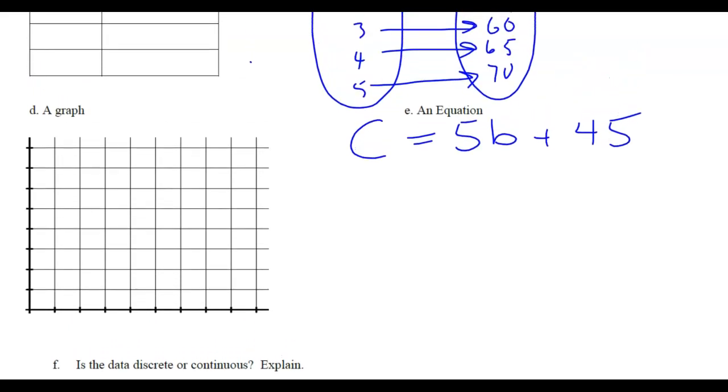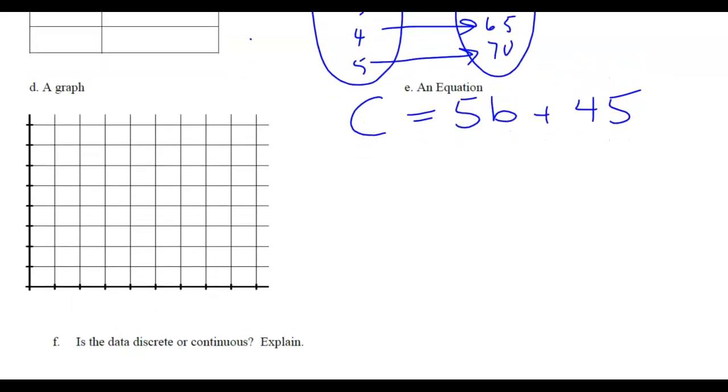Okay, I'll leave the graph for you to do. Do you think it's discrete or continuous? Can you have half of a book? No. No, it's discrete.